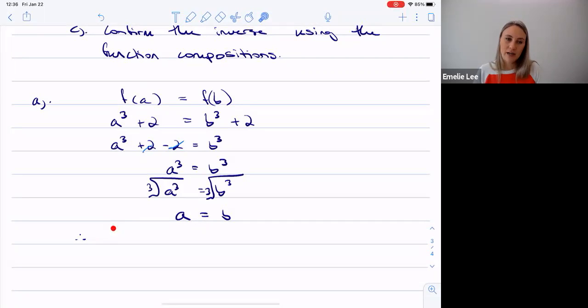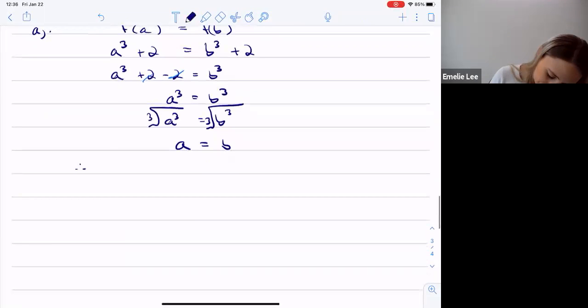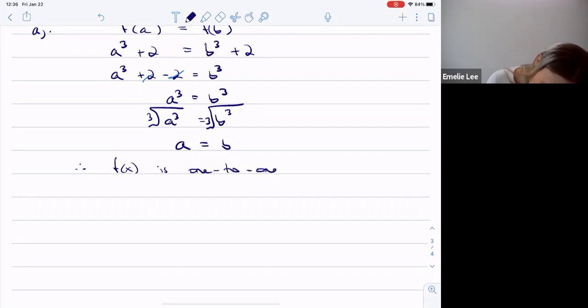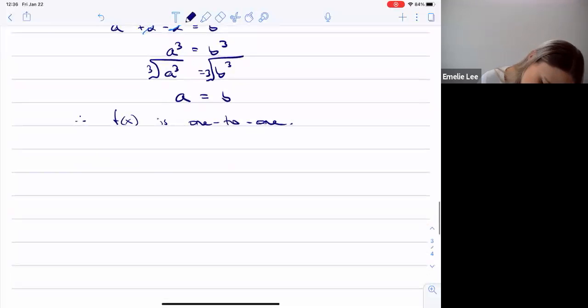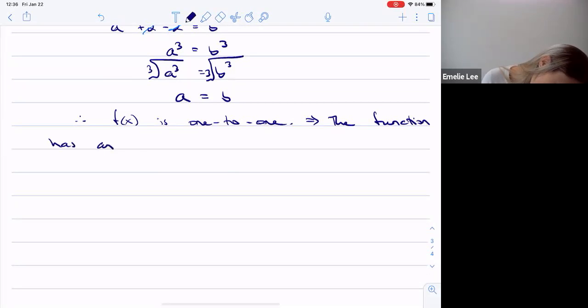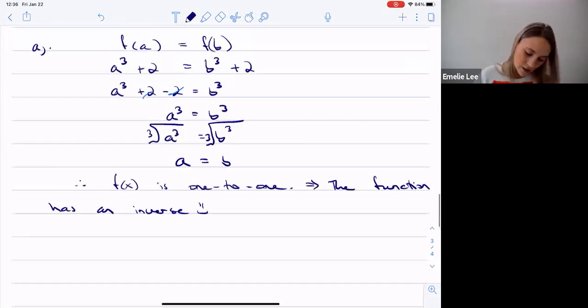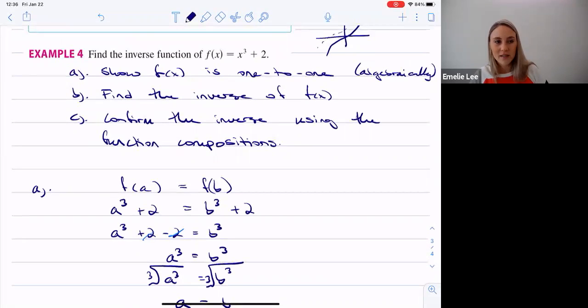So therefore, f of x is one-to-one. Good. Because it's one-to-one, it will have an inverse. The function has an inverse, or it's invertible.